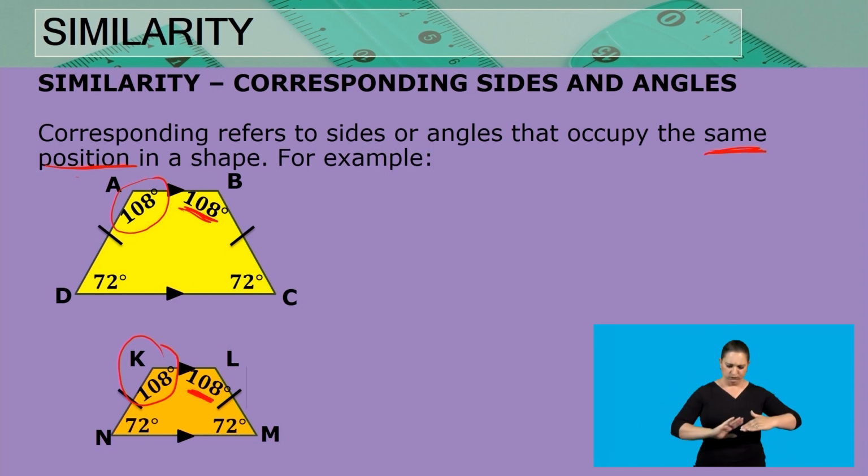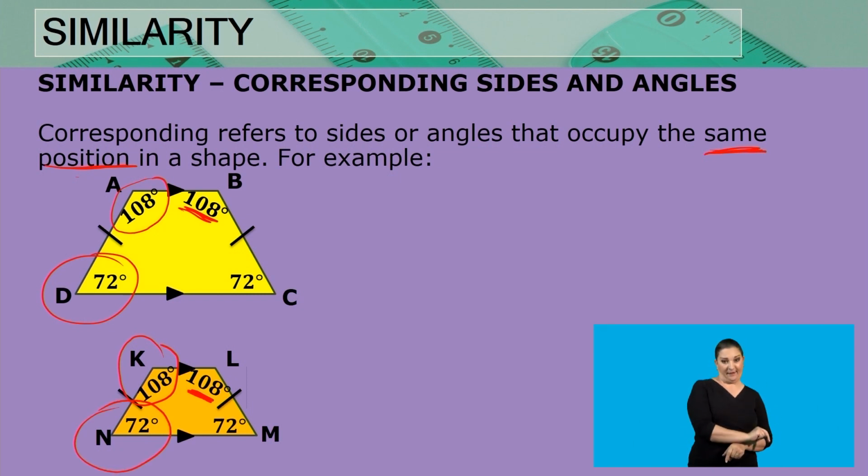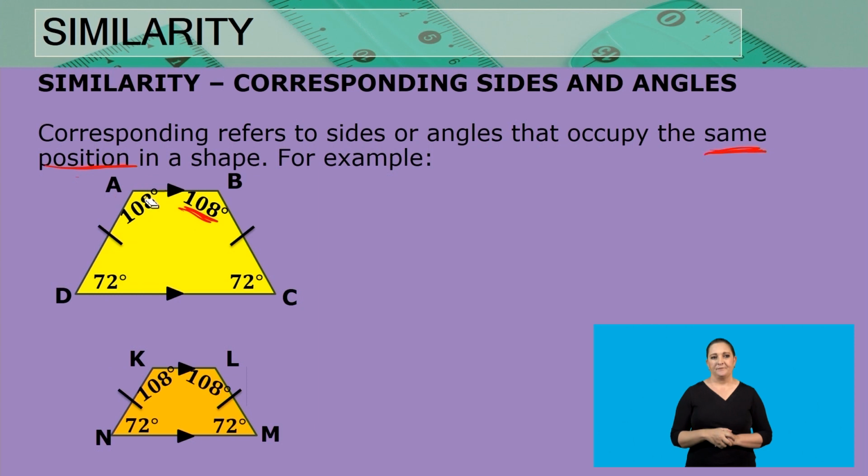The same can be said of angle D and angle N, as they are both 72 degrees and occupy the same position. And of course, the same can be said about angle C and angle M as well. So this means that those angles are corresponding.